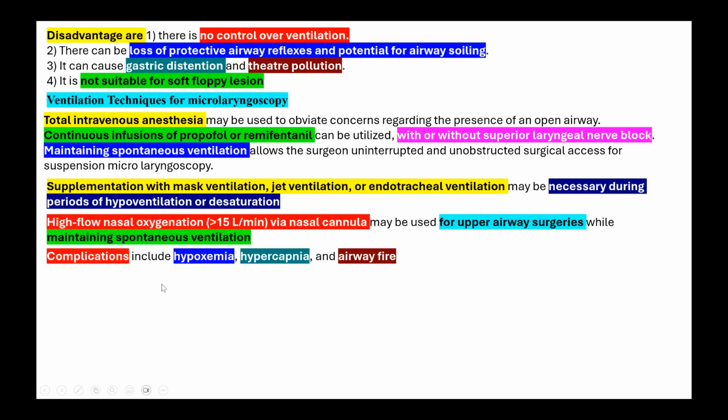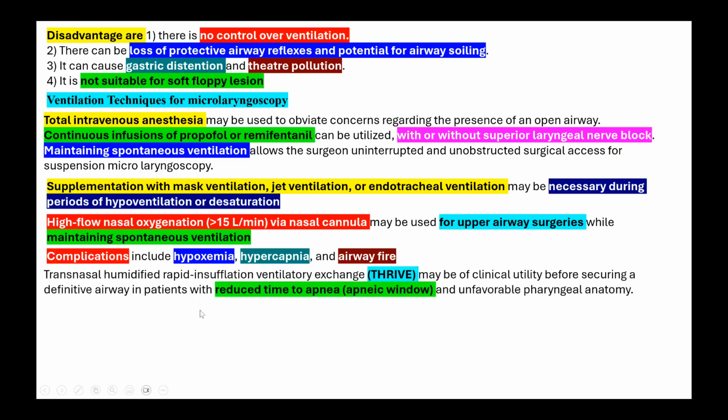And complications of this ventilation: because you are sharing the airway, with or without the tube in position, the patient can desaturate, the patient can build up carbon dioxide, and if a laser is being used, you can get airway fire also. And THRIVE, which is a newer method, transnasal humidified rapid insufflation ventilatory exchange, is very useful in reducing the time of the apnea window.